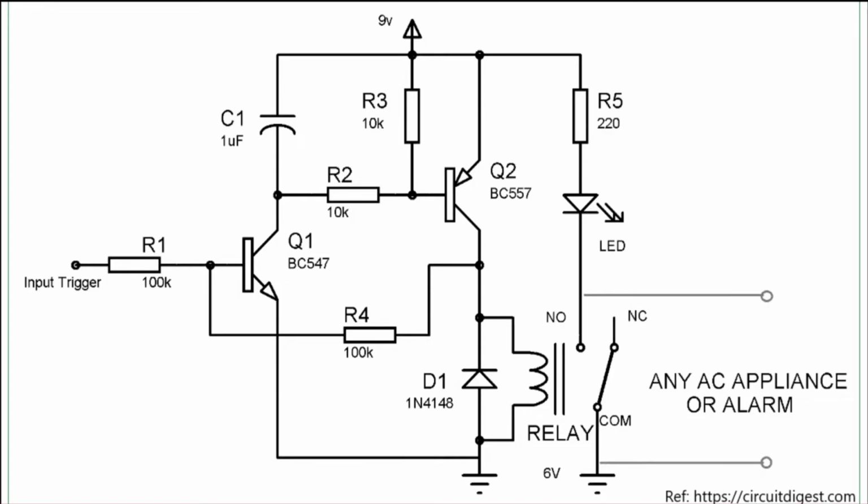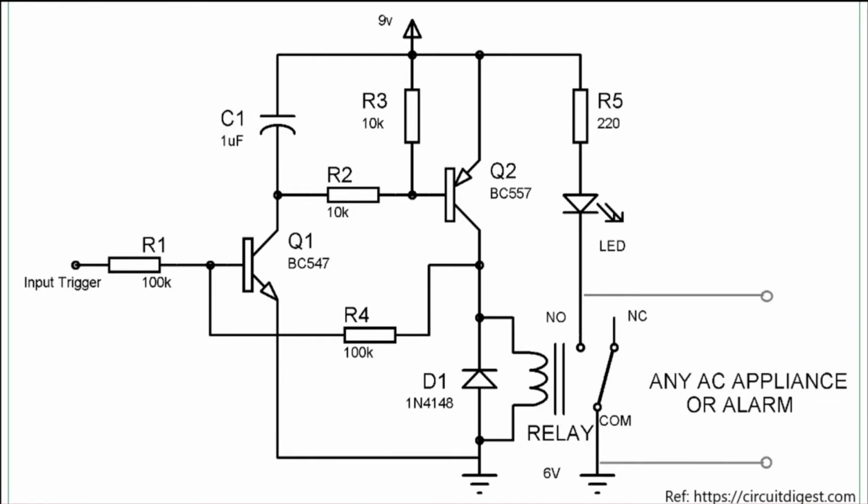So this feedback voltage to the base of the transistor Q1 keeps the transistor Q1 on for an indefinite period, even after the input voltage is removed. This in turn keeps the second transistor on indefinitely and a latch or lock is formed instantly.